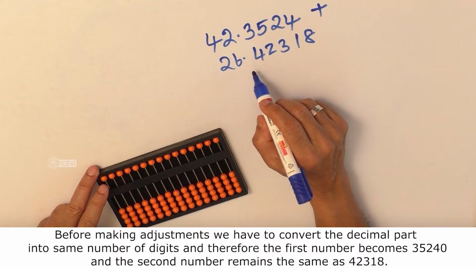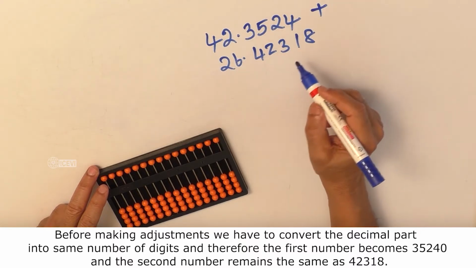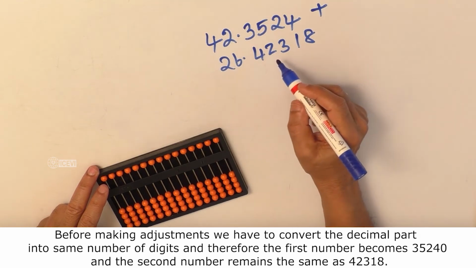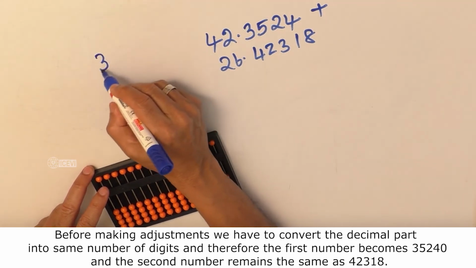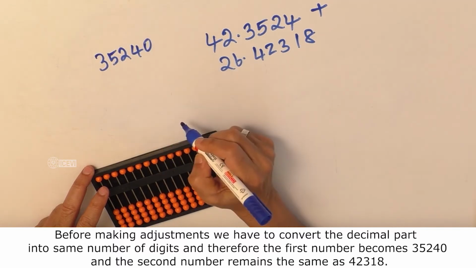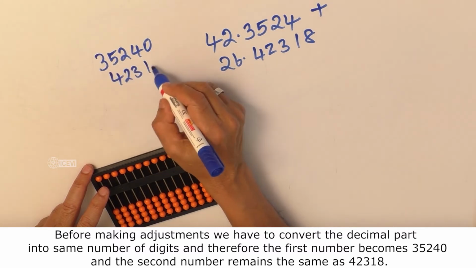Before making adjustments, we have to convert the decimal part into same number of digits, and therefore the first number becomes 35240 and the second number remains the same as 42318.